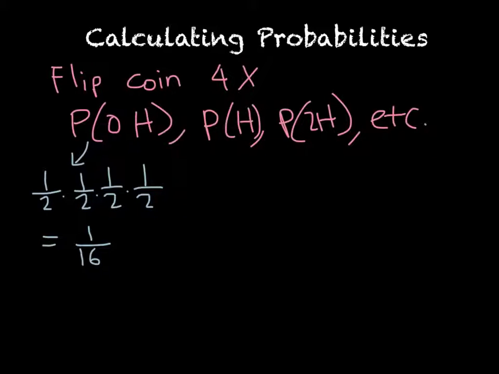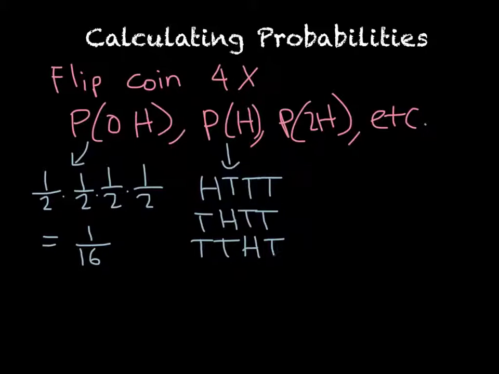Now the probability that I get 1 head is a bit more tricky, because I can get 1 head in several ways. I could flip heads, tails, tails, tails, or tails, heads, tails, tails, or tails, tails, heads, tails, or I could get 3 tails in a row followed by 1 head.